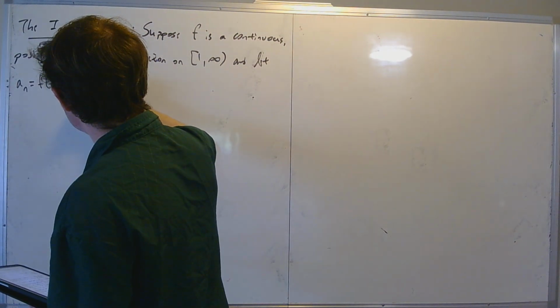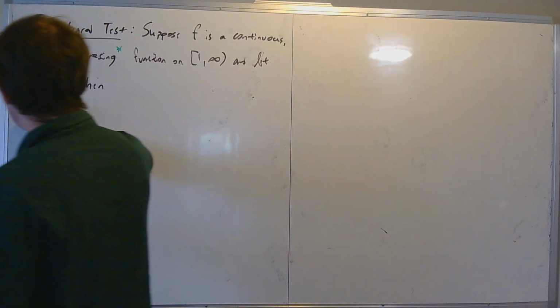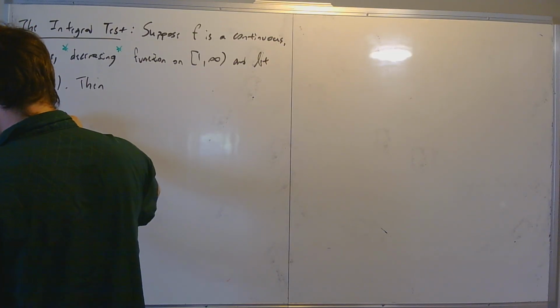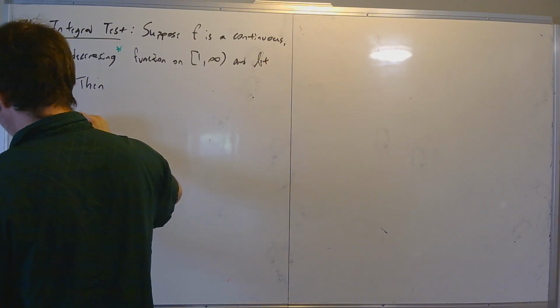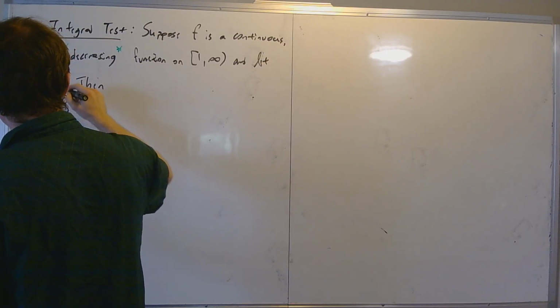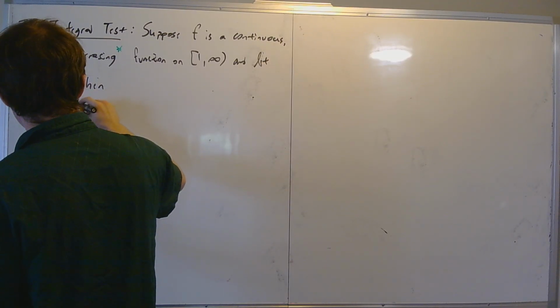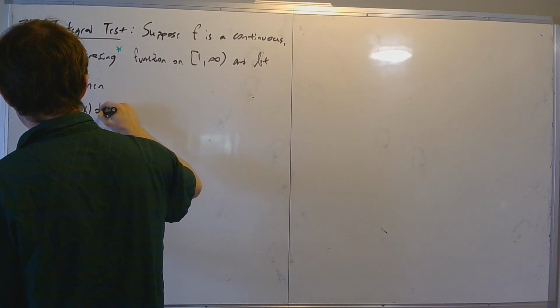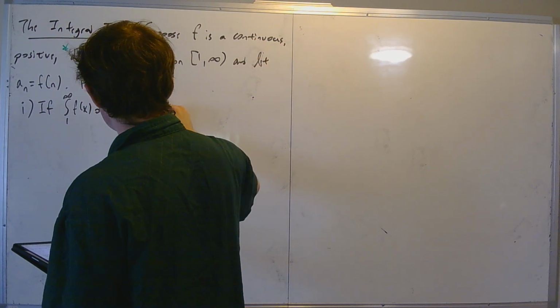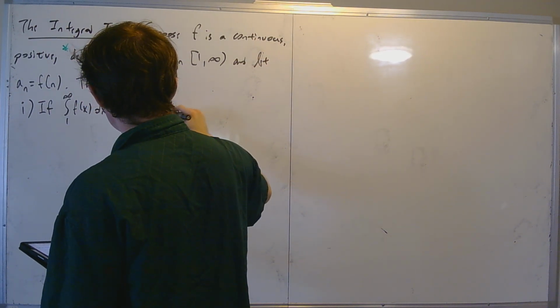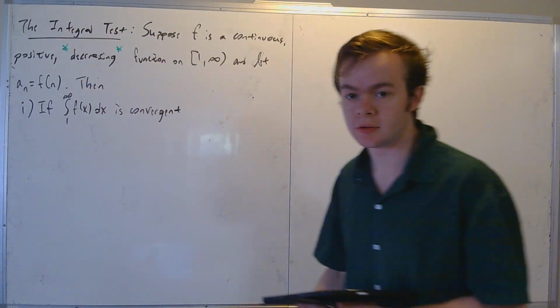Then we can say part 1 is going to say if the integral from 1 to infinity of f of x dx is convergent, then you can guess what this is going to mean about the sum.